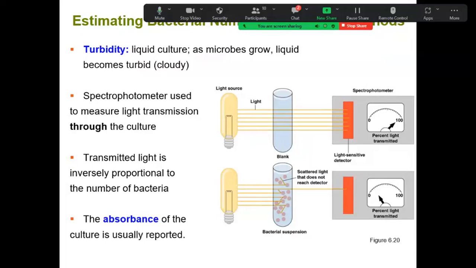And then you just plop in a tube of media, plop in a tube of cells, get your number of light coming through, look at the chart, and it gives you the estimate for the number of cells per the amount of light coming through. Okay. A spectrophotometer is just a device that measures light.